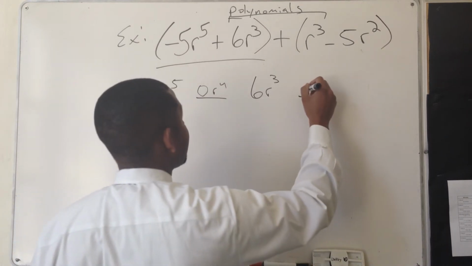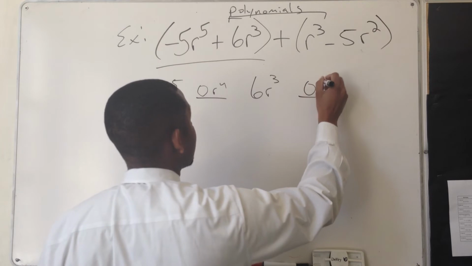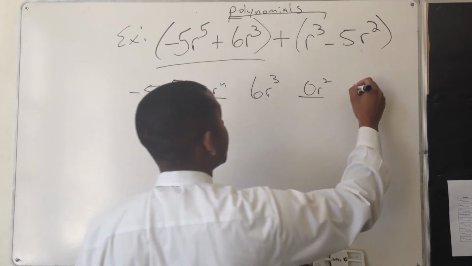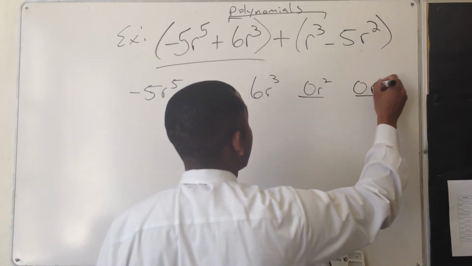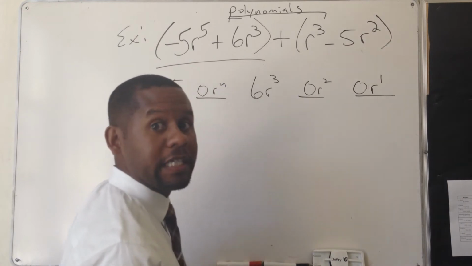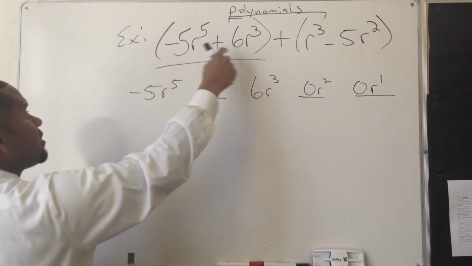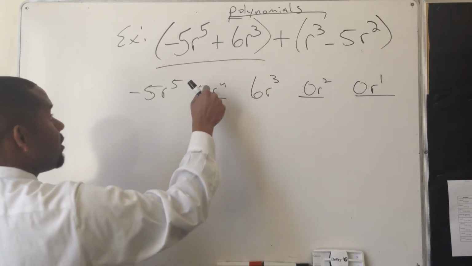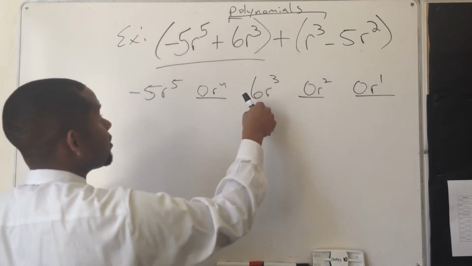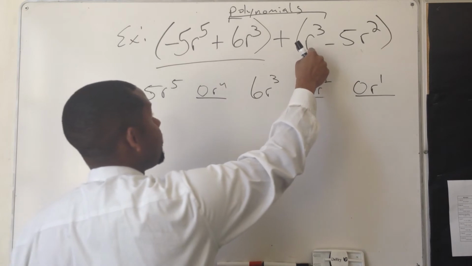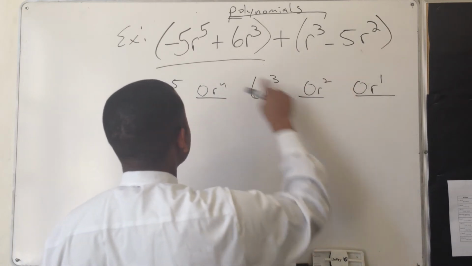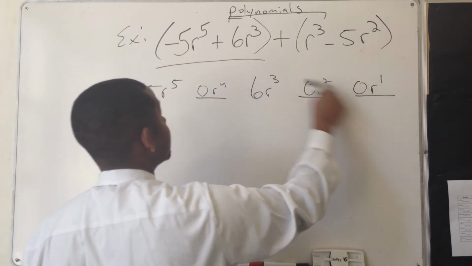Now, here would be my spot for r squared, and we have no r squared so far. And we have no r to the 1st power so far either. So I'm ordering by exponents. It's my r to the 5ths, there are no r to the 4ths, there are 6 r's to the 3rd, and there are no r squareds or r's to the 1st power here.